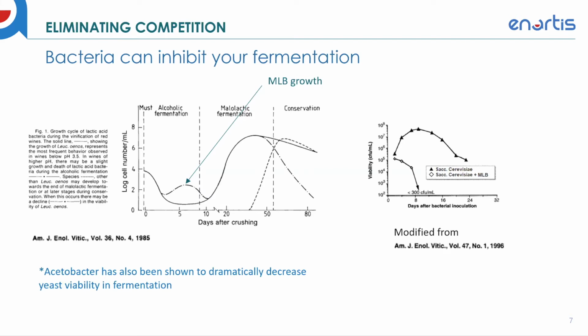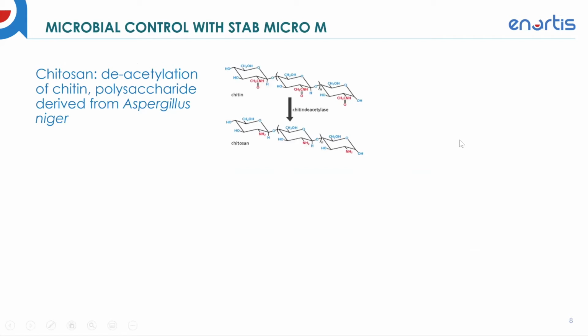I'm not showing the data here, but Acetobacter has also been shown to dramatically decrease yeast viability and fermentation, and it does that in a couple of different ways. One way is by producing acetic acid, which can be inhibitory to yeast. Or the Acetobacter itself can produce compounds other than acetic acid that can inhibit the fermentation. So one way that we can deal with that is with chitosan.